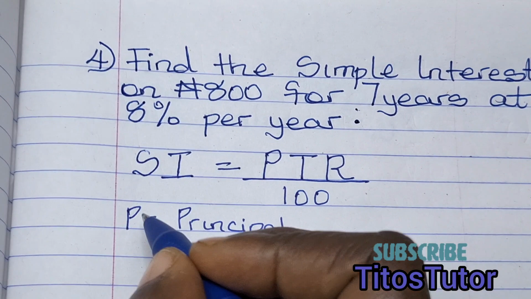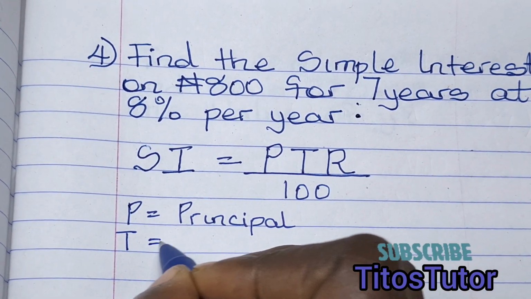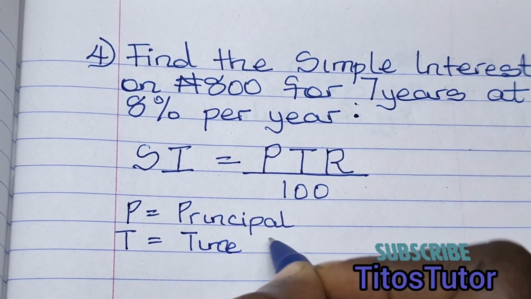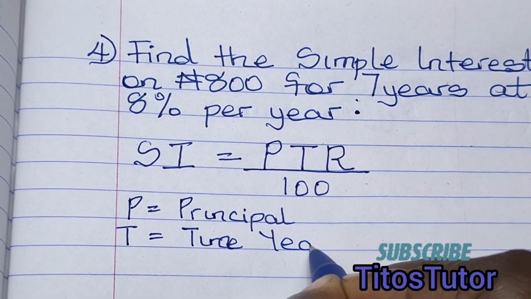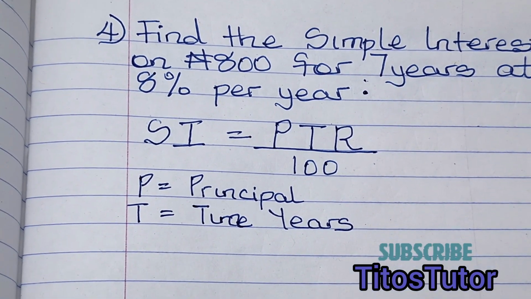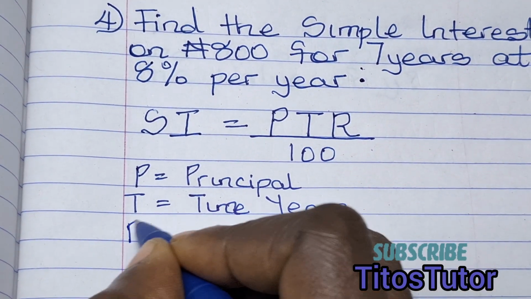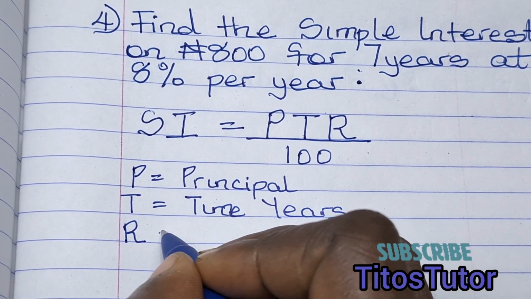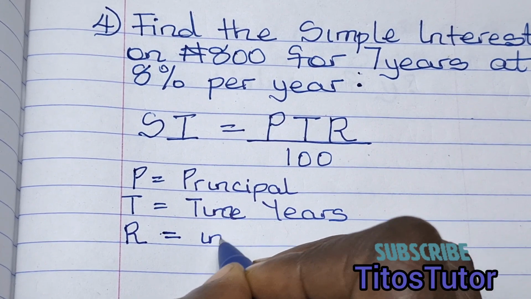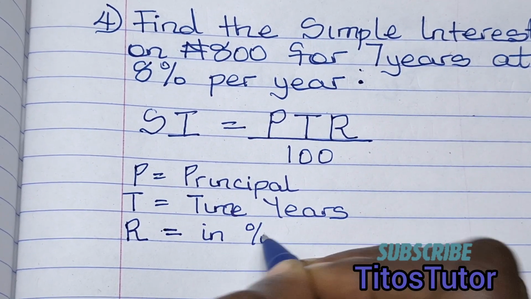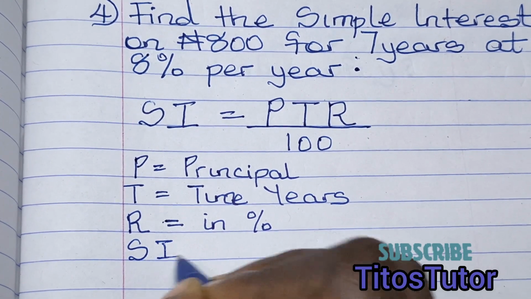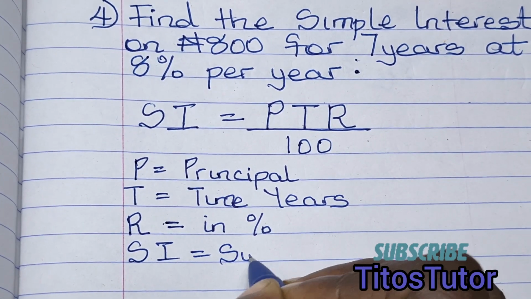Okay, so your T is your time in years. Your T is your time in years. While your rate is always in percentage. Always in percentage. Okay, so SI is your simple interest.